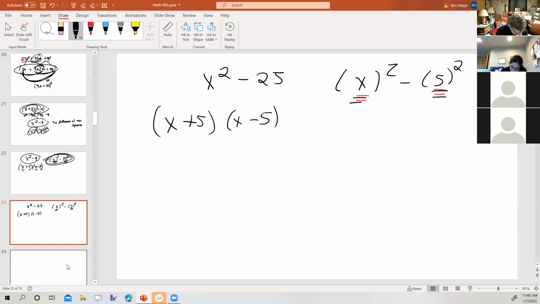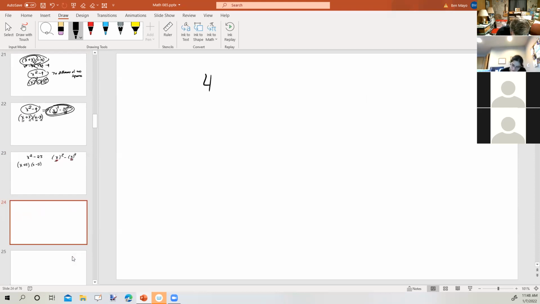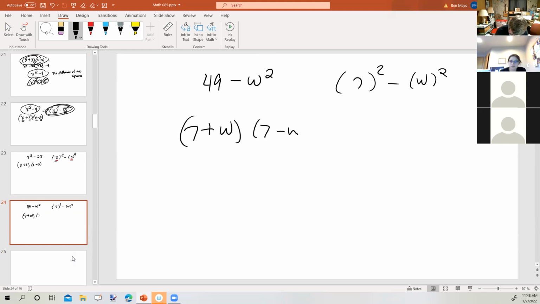Okay, how about this one? 49 minus w squared. So that would be, let's see, 7 squared minus w squared. So 7 plus w, 7 minus w. You see that? Okay.